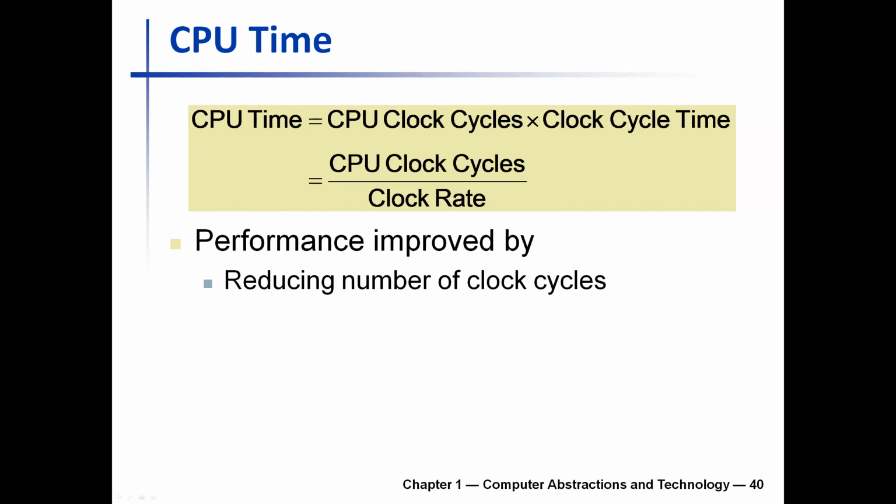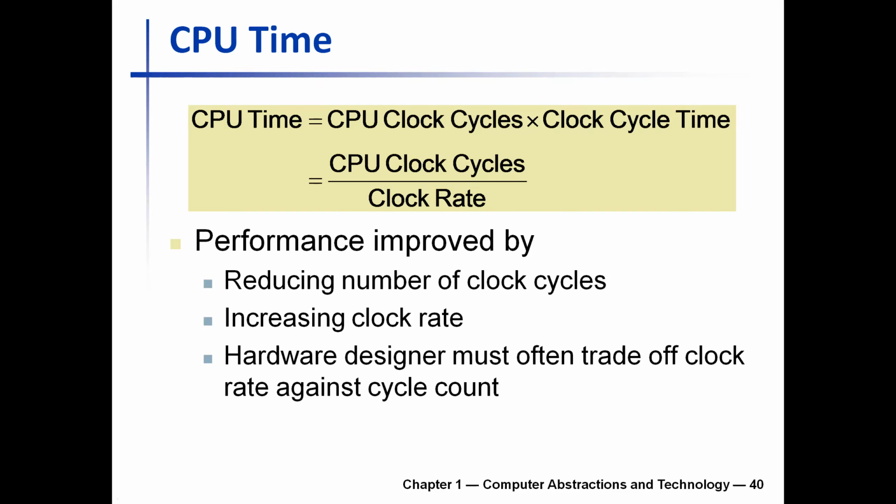Basically, performance should improve. Or else, the other way to do it is increasing the clock rate or reducing the clock cycle time, reducing the clock period. So if we increase the clock rate or reduce the clock cycle time, then again the CPU time should reduce, meaning the performance should be improved.